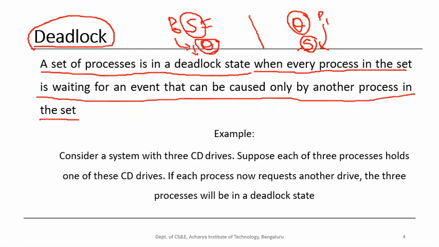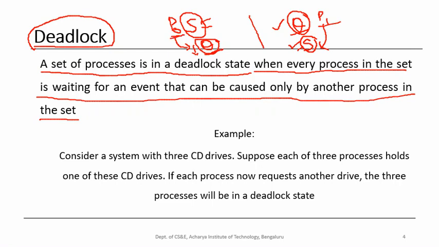P0 has obtained the lock on semaphore S and is waiting to get the lock on semaphore Q. P1 has obtained the lock on Q but is waiting to get the lock on S. So P1 and P0 are the waiting processes. P0 is waiting for an event that has to be caused by P1, and P1 is waiting for an event that has to be caused by P0.